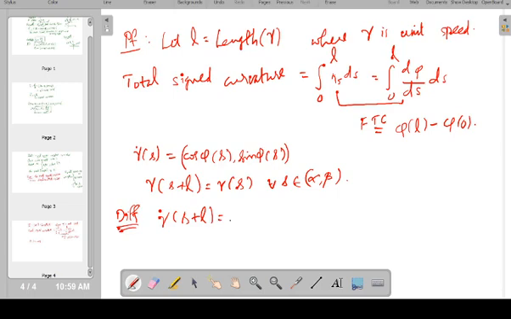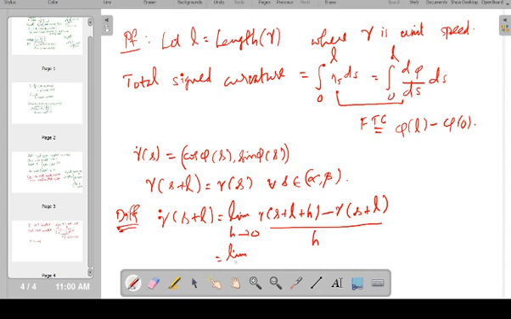Gamma dot of s plus L, let us compute. So this is limit h tends to 0 of gamma of s plus L plus h minus gamma of s plus L divided by h. Okay, this is equal to limit h tends to 0.